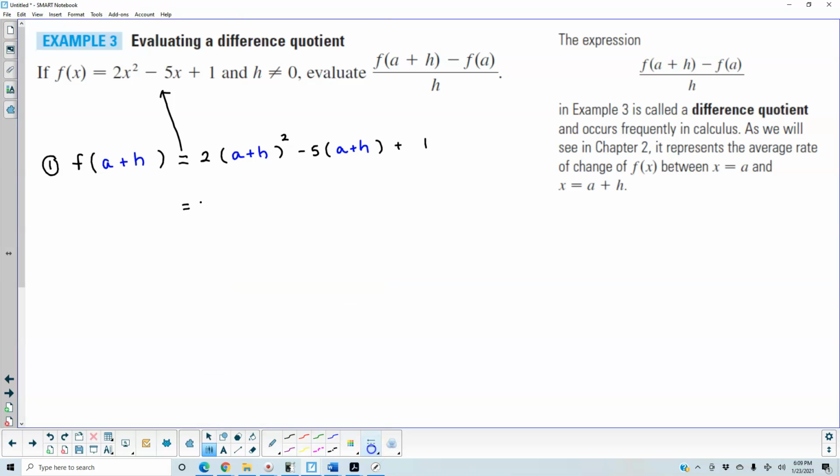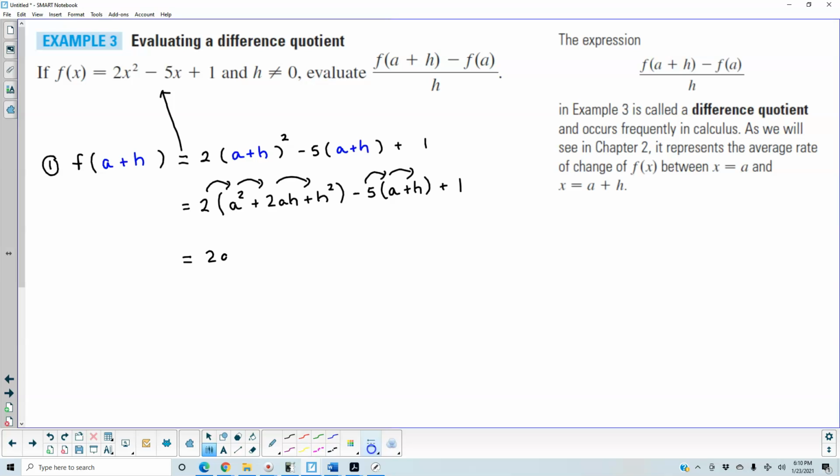So this becomes 2 times, well, this is a perfect square trinomial, so it's going to be a squared plus 2ah plus h squared, and that's minus 5 times a plus h plus 1. And then we're going to distribute the value of the 2, and then we're going to distribute the value of the minus 5.